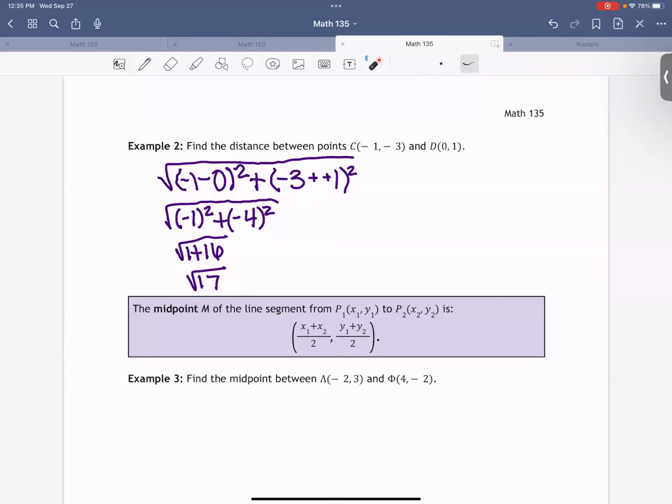Yep, that's totally fine. Yeah, you can't simplify that even more. For this class, definitely don't do decimals. Decimals are not fun in this class, and if it goes on forever and you cut it off, it's actually the wrong answer.